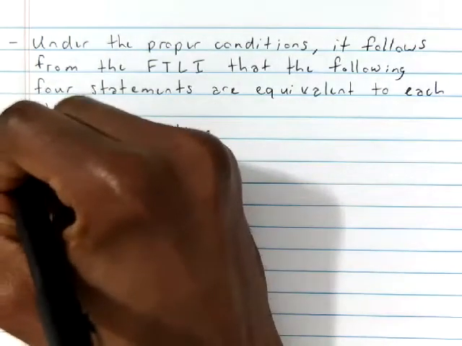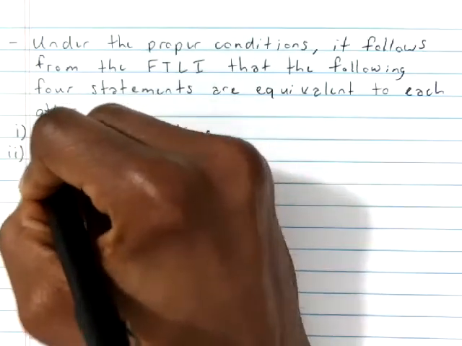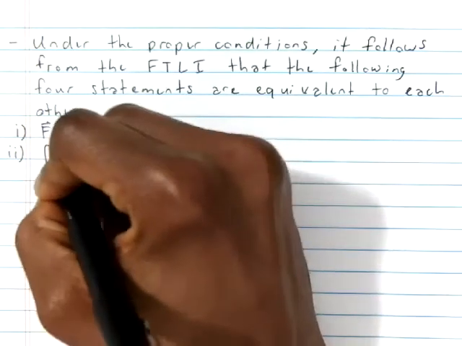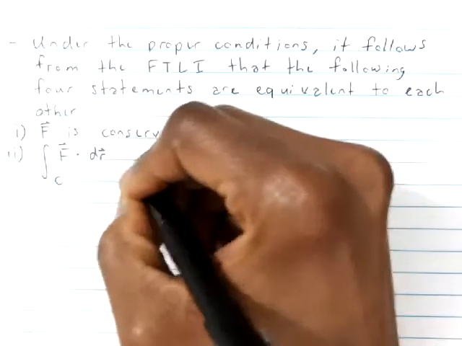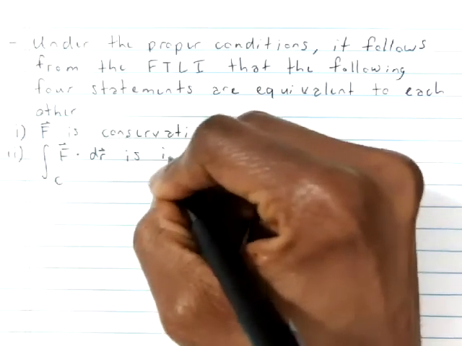So second thing is the line integral over C of F dot dr is independent of path.